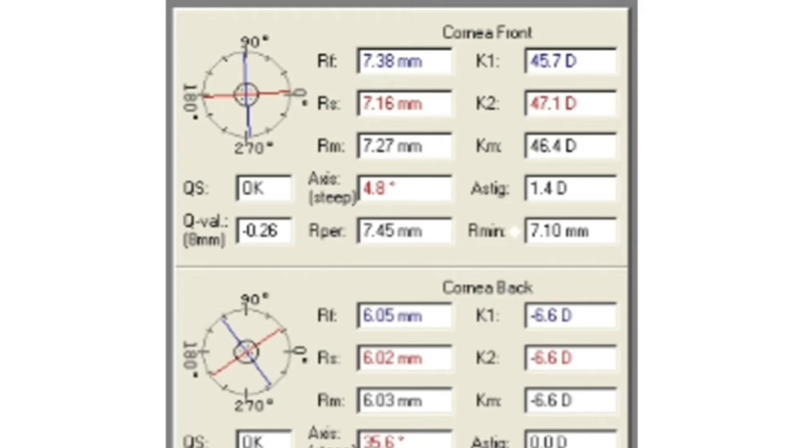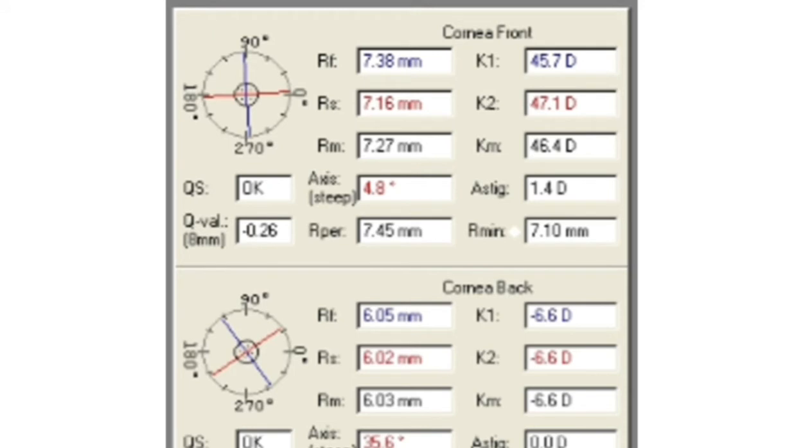If this QS says okay in a white background, it means you have taken a very accurate measurement. If the QS is represented with a yellow or red background, it indicates that you did something wrong in positioning of the patient, and the machine tells you to recapture.